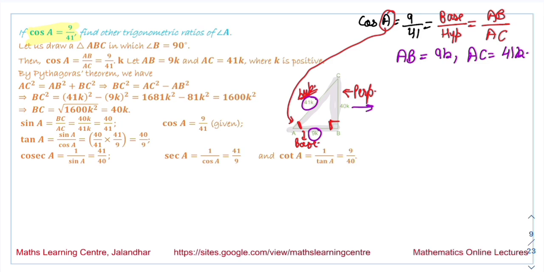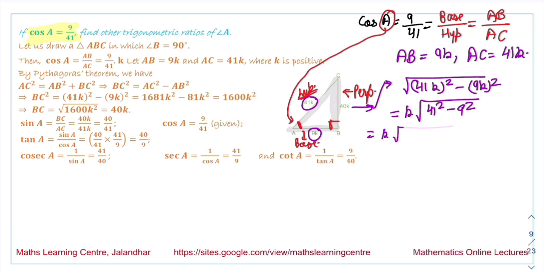So the value of the perpendicular is the square root of 41K square minus 9K square. K will come out of the square root, and we get K into the square root of 41 square minus 9 square, which is K into the square root of 1681 minus 81.